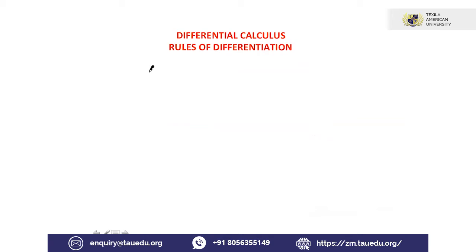Now, before we move on, if I say I have y is equal to -3, the -3 here is your constant. So we already know that the derivative of -3 is 0.